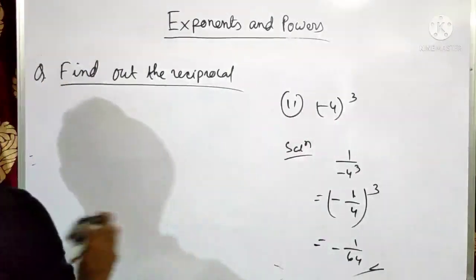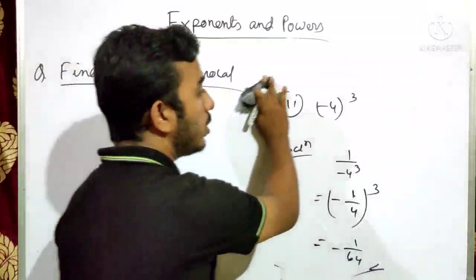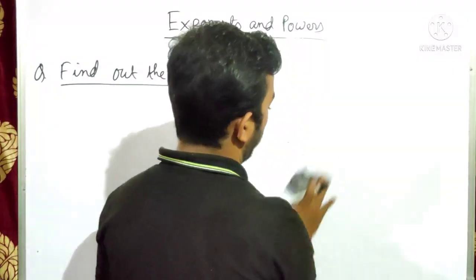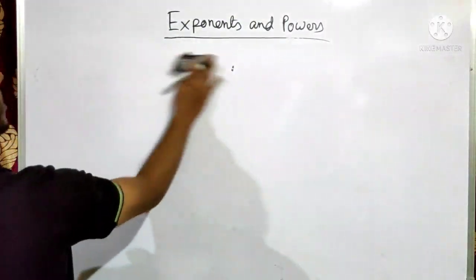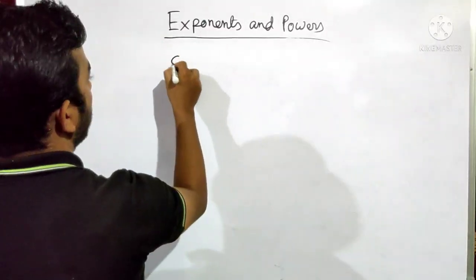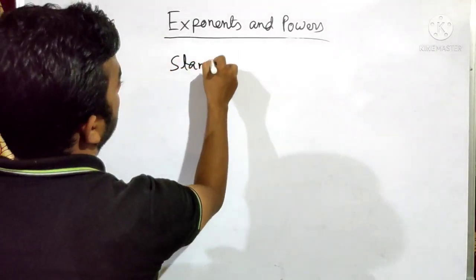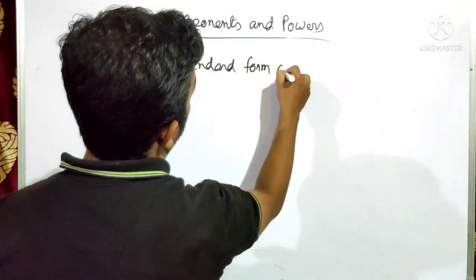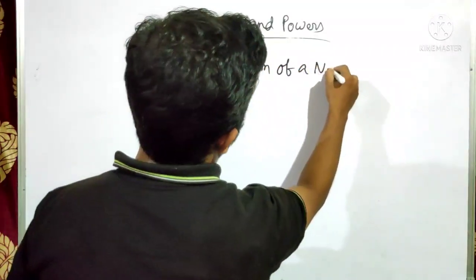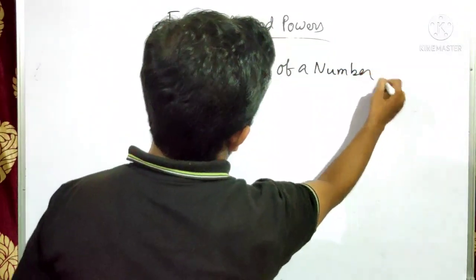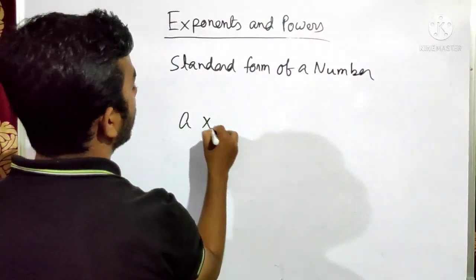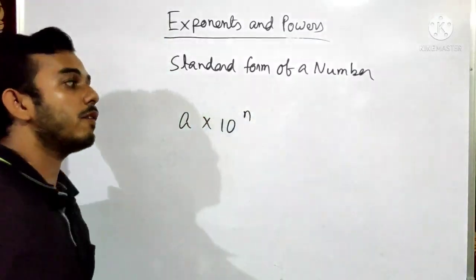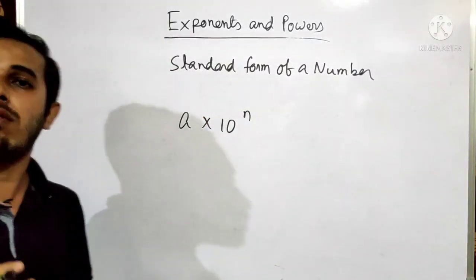When a number is expressed in that form, it is known as the standard form of a number. Clear?